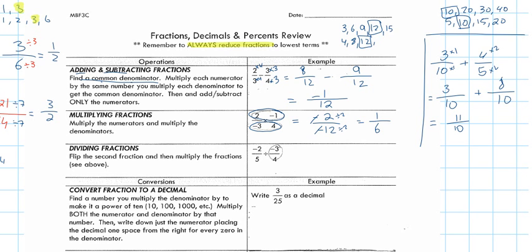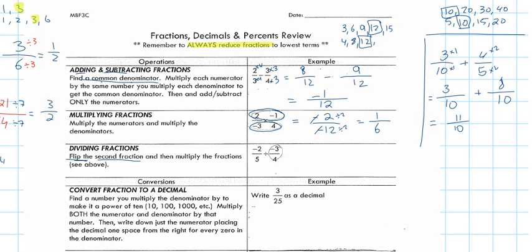All right. If I'm dividing fractions, it's kind of similar to multiplying fractions. There's one extra step that we have to do first. Okay? The first step is you want to flip the second fraction. So you're going to flip the second fraction, and then you're going to multiply. Okay? So what happened is I leave my first fraction as is.